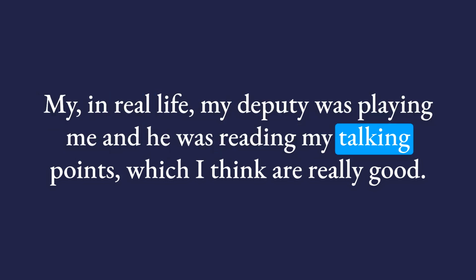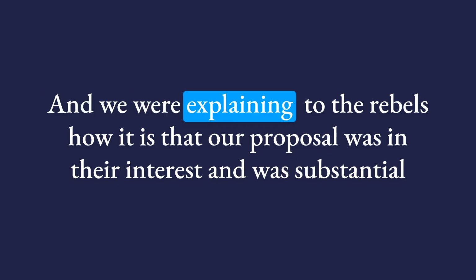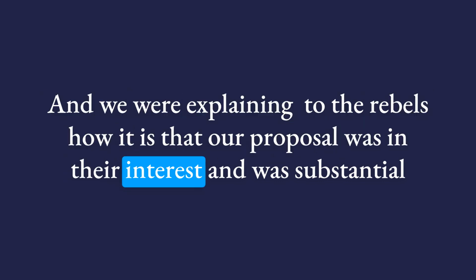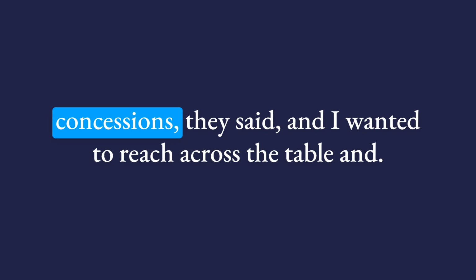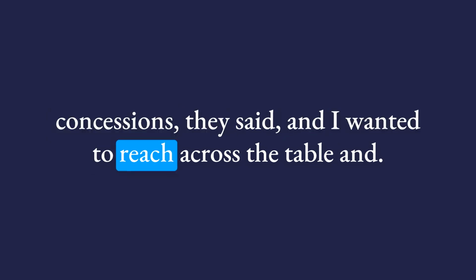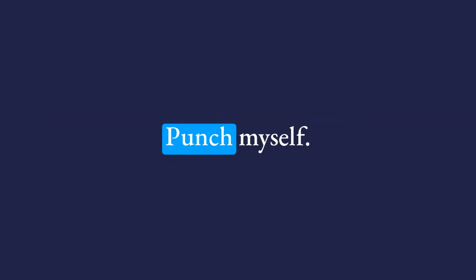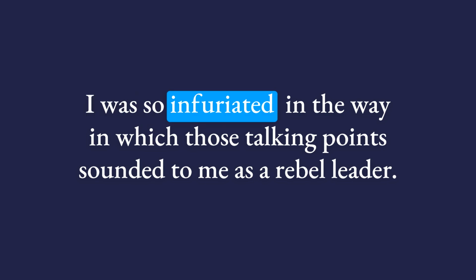And he was reading my talking points, which I think are really good. And we were explaining to the rebels how it is that our proposal was in their interest and with substantial concessions. He said, and I wanted to reach across the table and punch myself. I was so infuriated by the way in which those talking points sounded to me as a rebel leader.